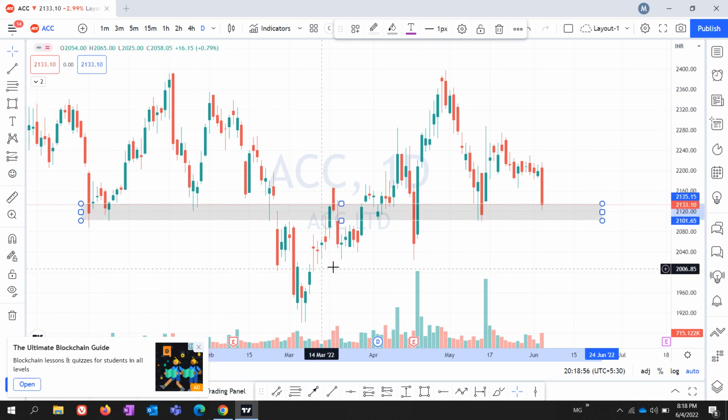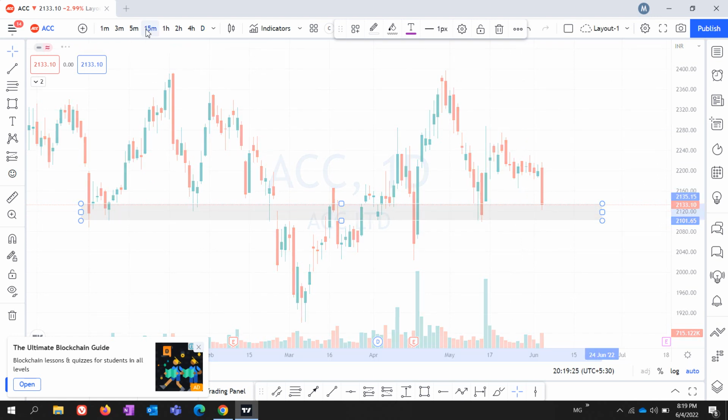Then there was a period where it actually broke this support area, but then once again came up, down, bounced back, down, bounced back, and once again it is in the same range over here. With this basic price action, I would not prefer to short ACC Cement either for STBT or even for the next session. So this stock holds no validity for a short movement.